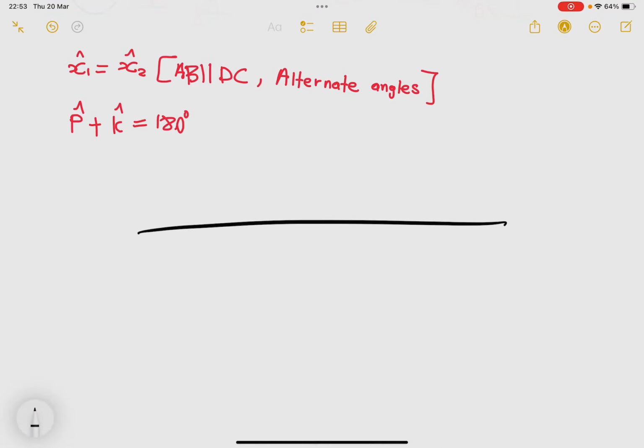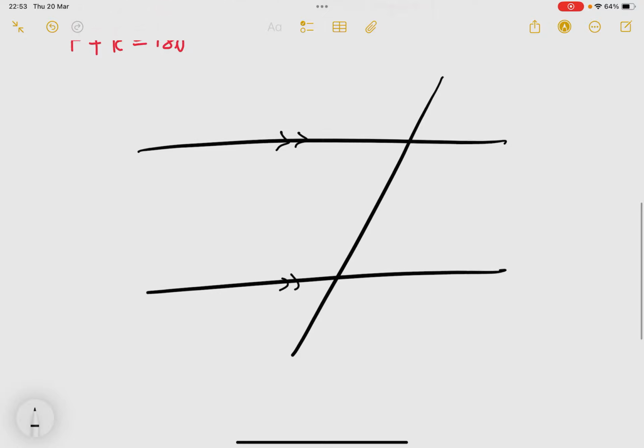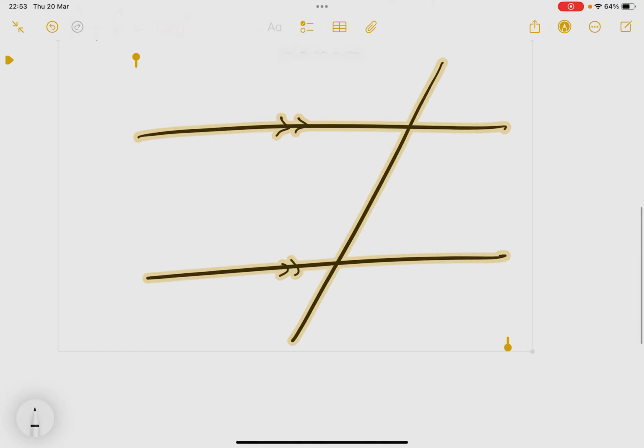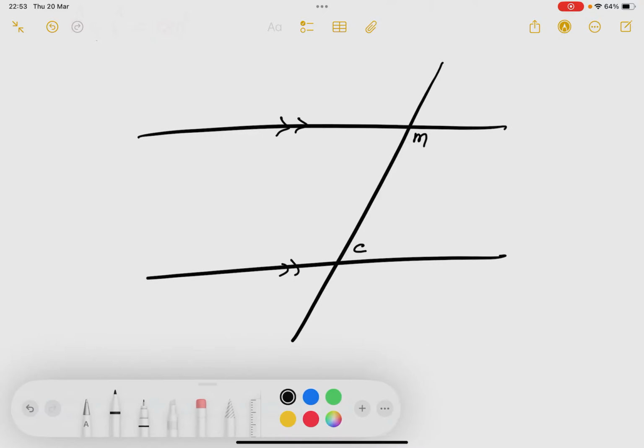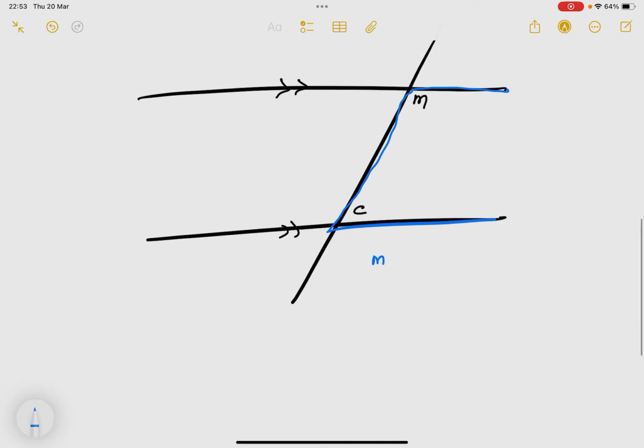So if you have got two lines that are parallel, and then you have got another line that's just going to intersect, these angles, let me just call them angle M and C, right? Do you see the angle M and C? They actually make a C shape. So the angle M plus the angle C add up to 180 degrees.